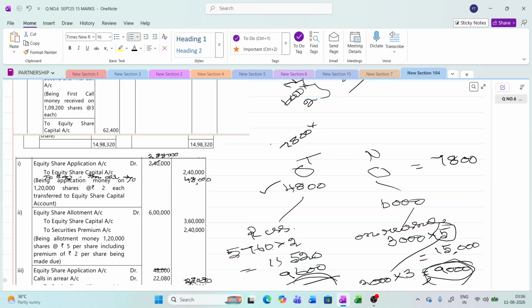I'll just make it here. The space is there. So we have asked for 6 lakh. Already we were having 48,000. How much is required now? 6 lakh, sorry, 5 lakh 52,000.